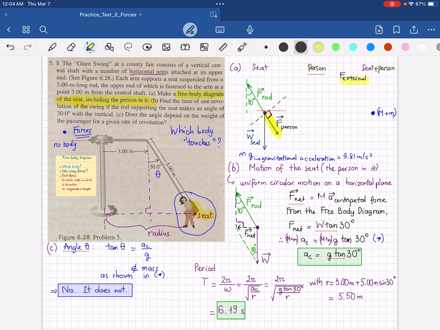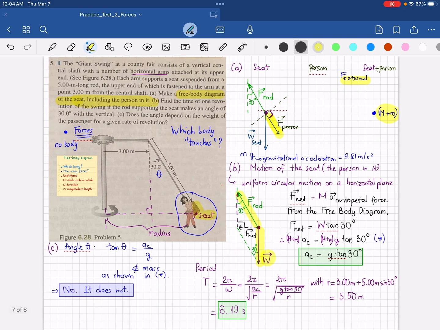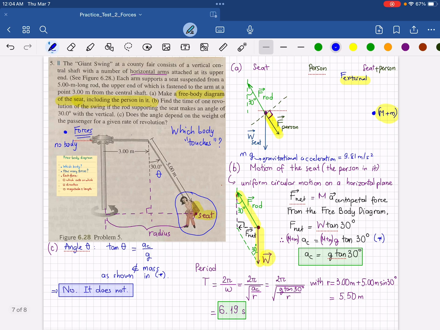So then it can be much more simplified. We just need the weight of the combination, and then we just have the rod that acts on the whole thing in this way, right? And for the force between the person acting on the seat, or the force that the seat acts on the person, we don't need to show it.